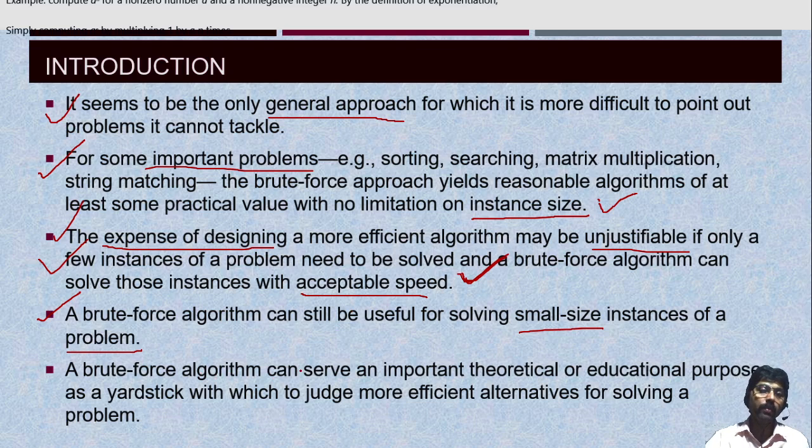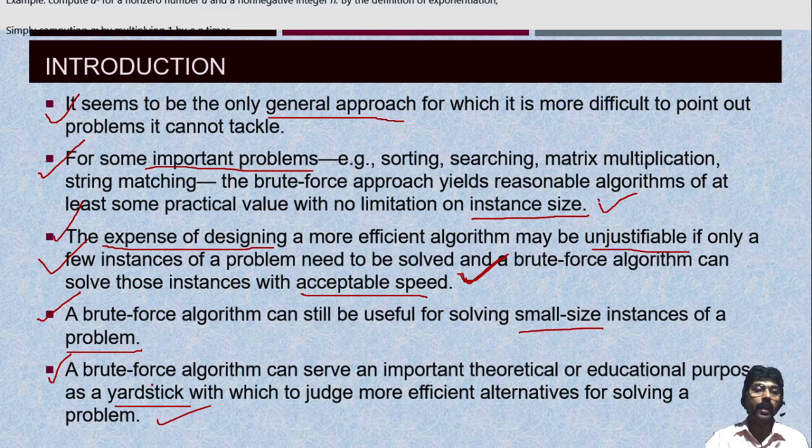Brute force algorithms can serve an important theoretical and educational purpose as a yardstick with which to judge more efficient alternatives for solving a problem. We are solving many problems by using brute force technique. Many problems can be solved only by using brute force techniques.